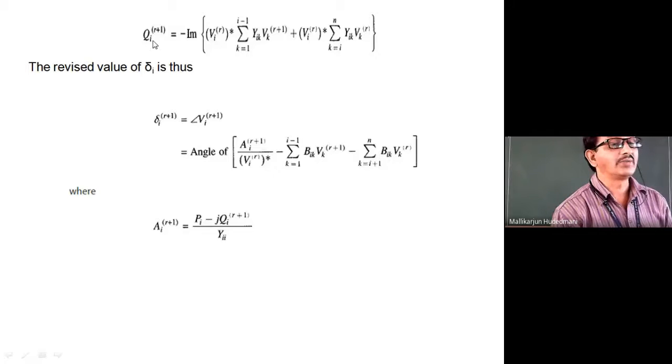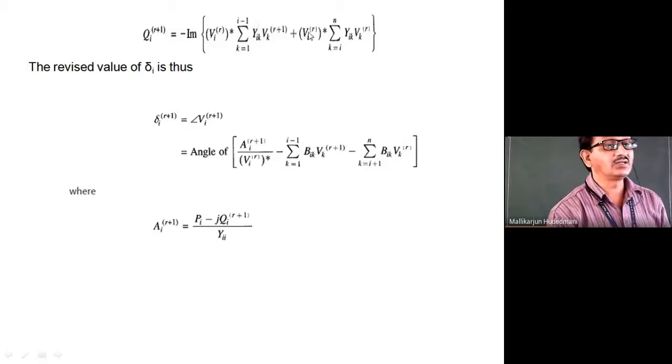It does not cross i, because if I am working on the 10th bus, I have a solution till the 9th bus. So i is 10, i minus 1 is 9. Like that, the 9th voltage is readily available, updated, which was not the case in the Gauss method, only in Gauss-Seidel.